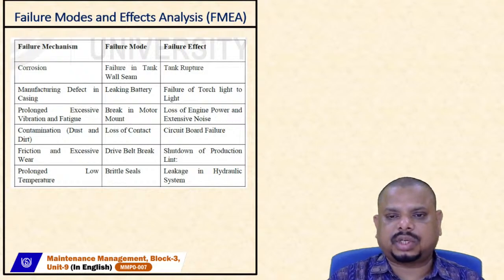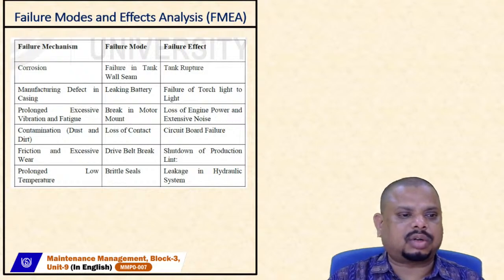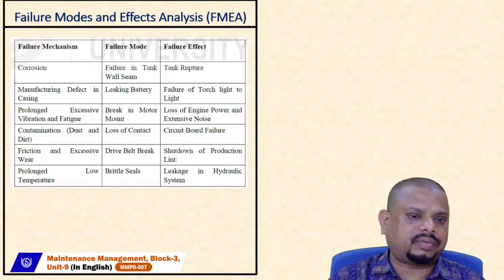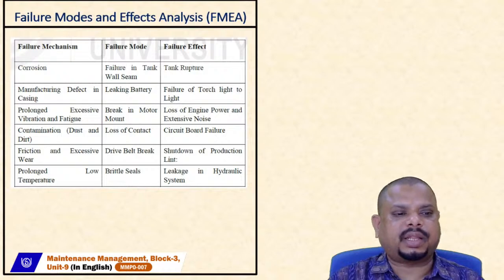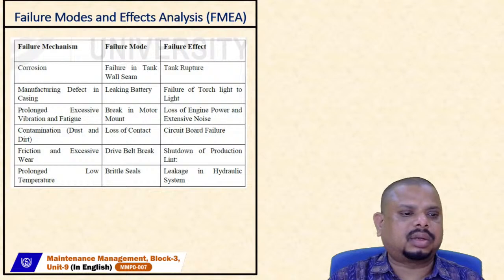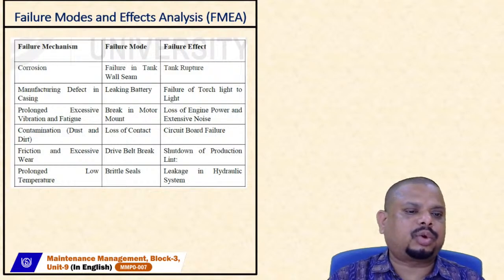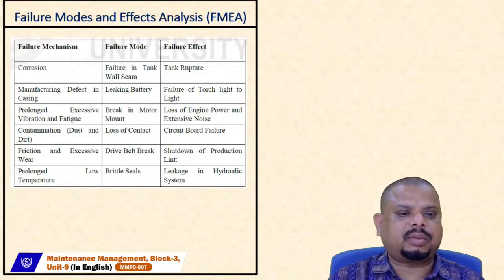Casting is a process for making various art and craft items and different components. In that case, the failure mode is leaking batteries, and the failure effect is failure of the torch light to light.